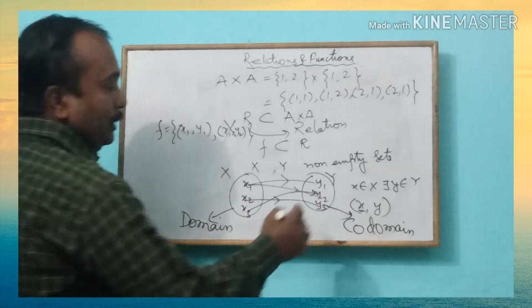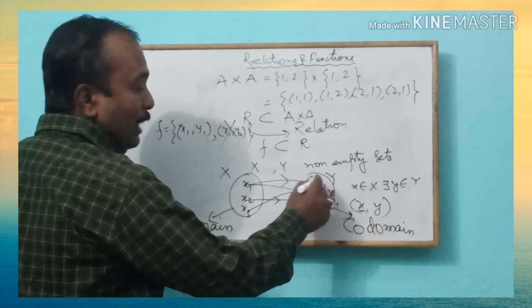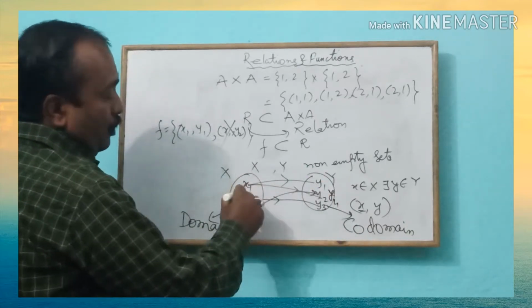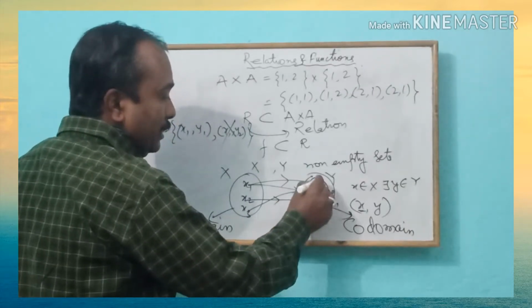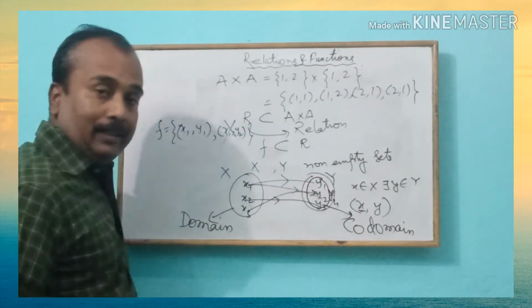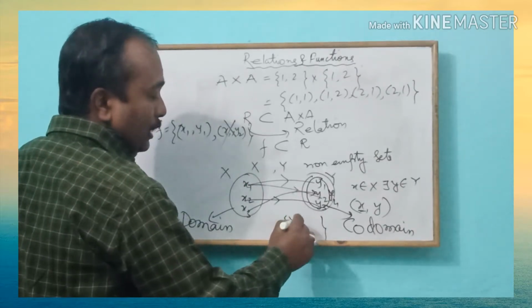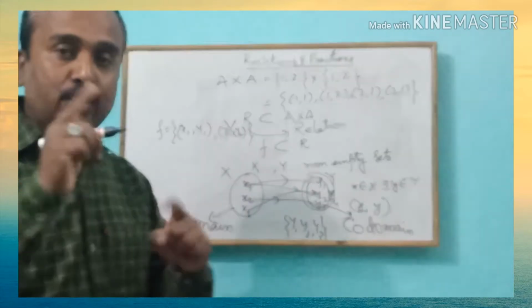Now, it may so happen that suppose we had one more element, say y4, where nobody is related to y4 from X. Then only these three elements are related, y1, y2 and y3. These three elements, y1, y2, y3, are known as the range of the function.